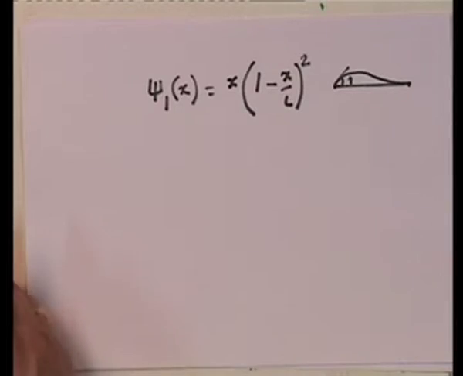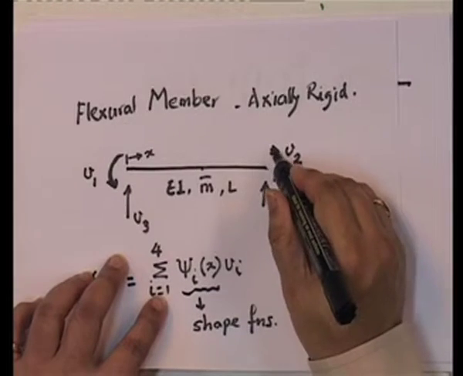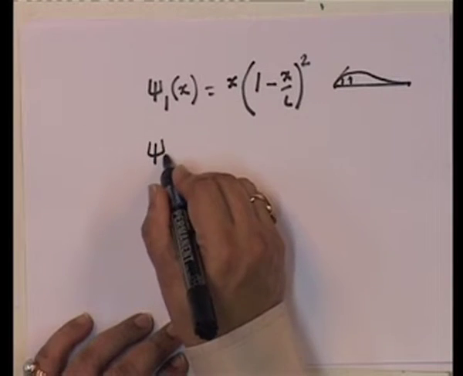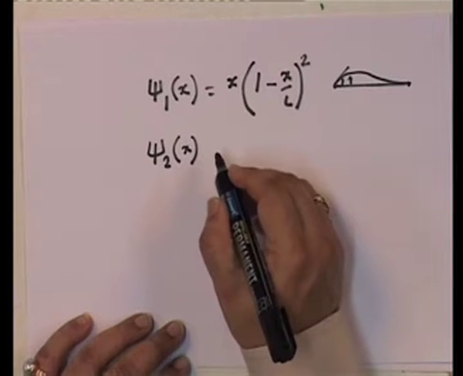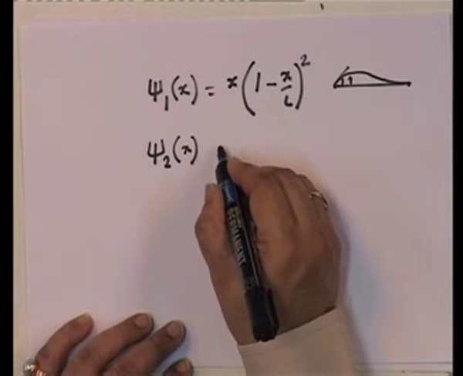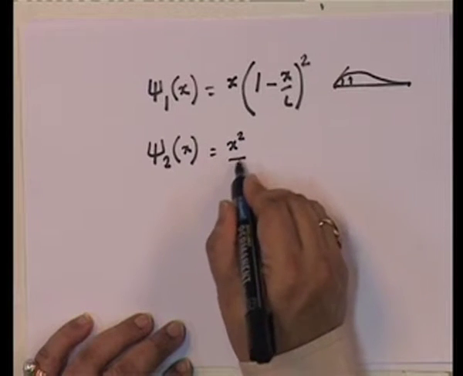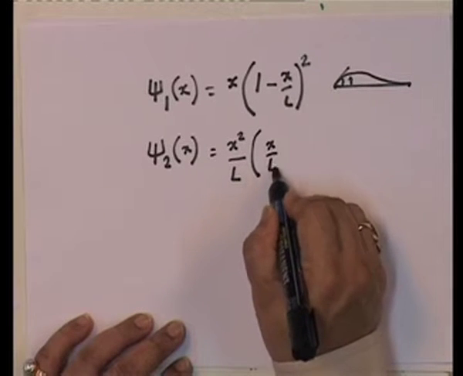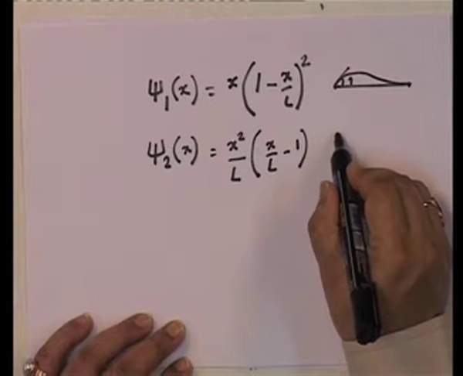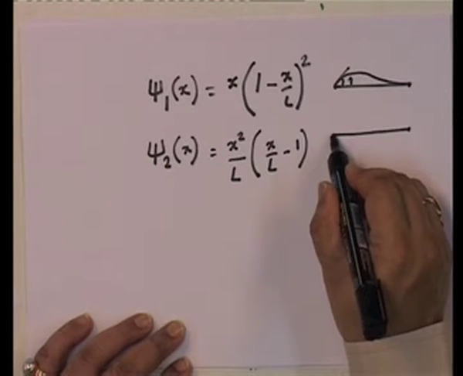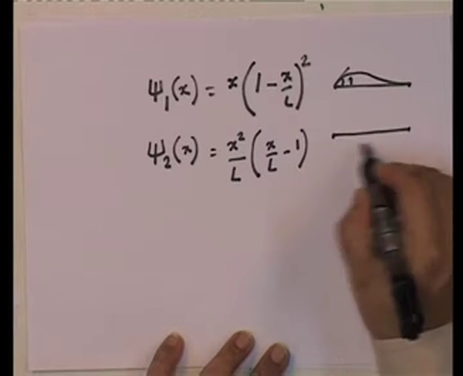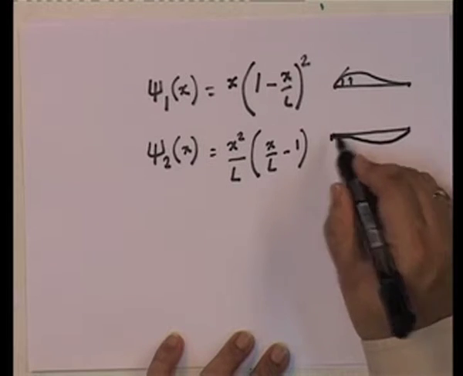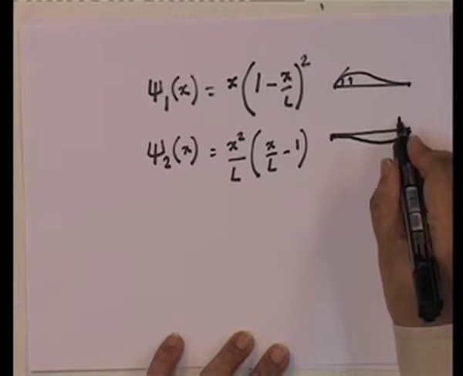Okay. And since xi 2 is this one, xi 2 is equal to x squared upon L into x by L minus 1, and this one becomes like this, where this is 1.